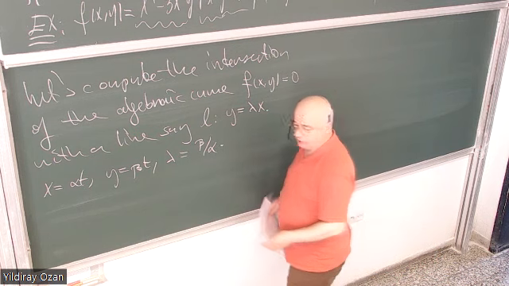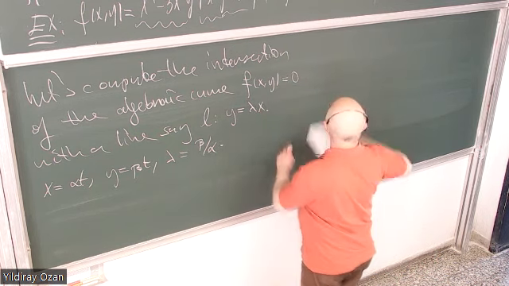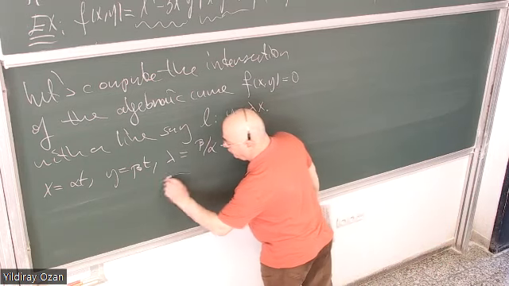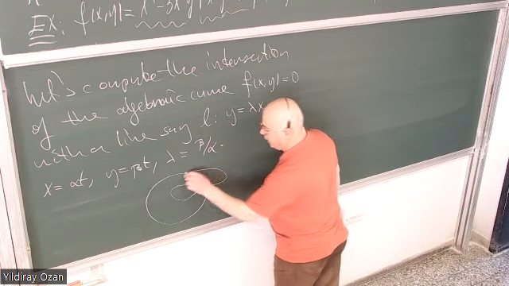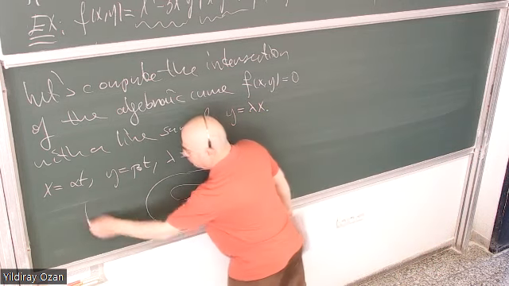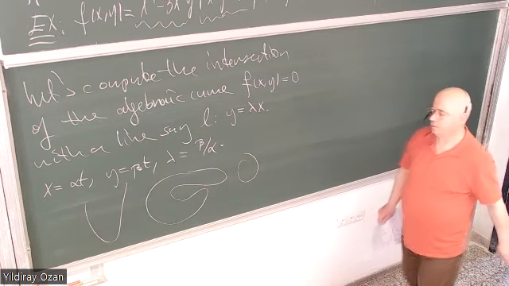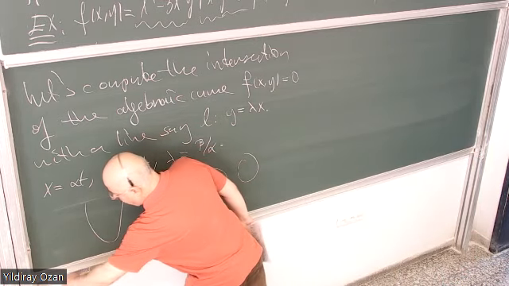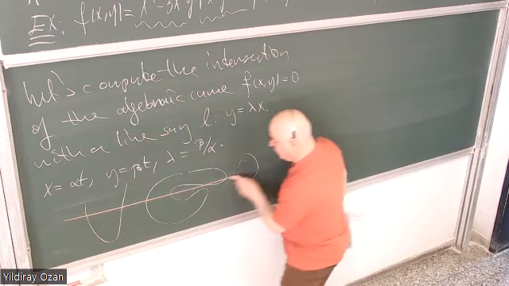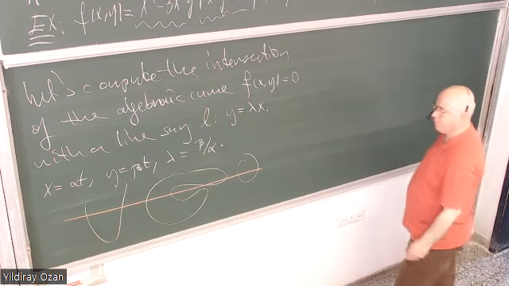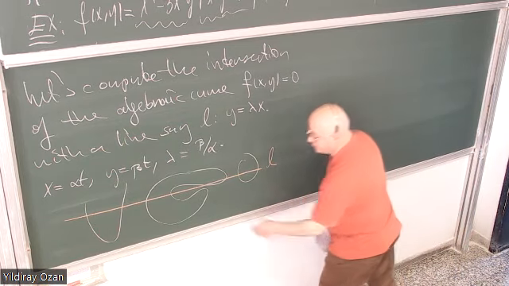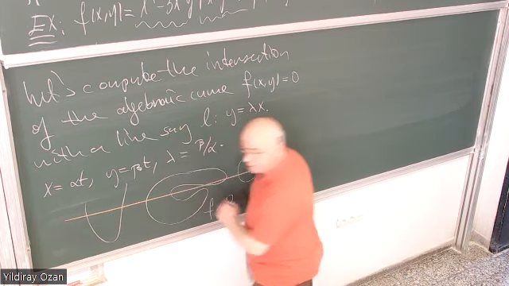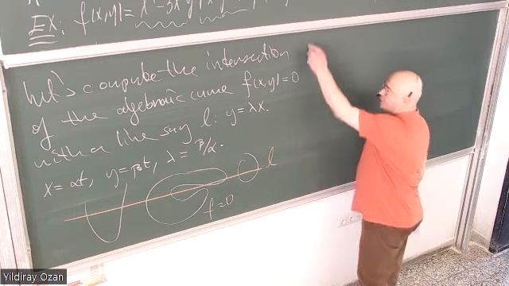Now let me draw the real picture. f is a polynomial in two variables. You set it equal to zero. In the plane it may look something like this. And y equals lambda x, just something like this. So this is our L and this is f equals 0. And I would like to compute these intersection points. How can we do this?